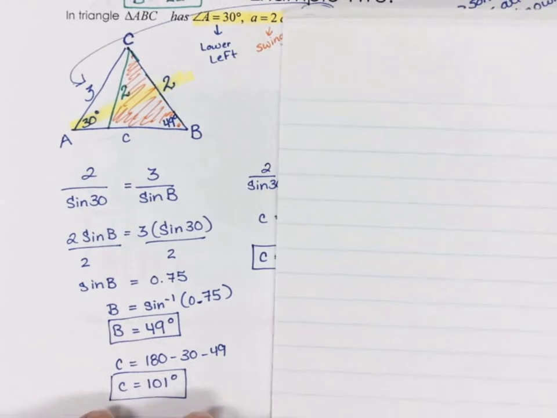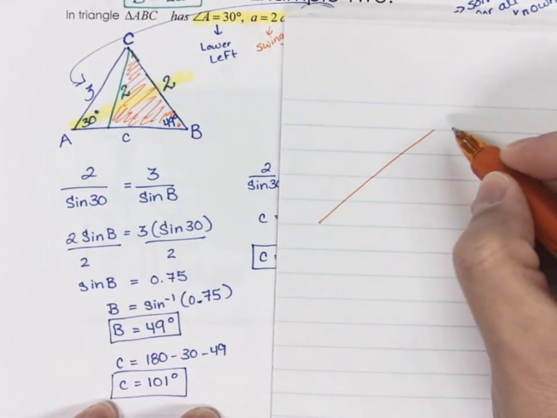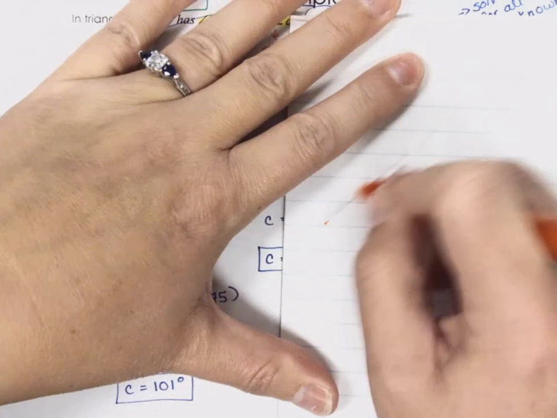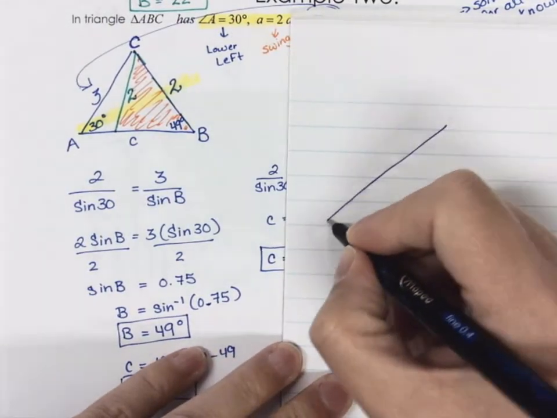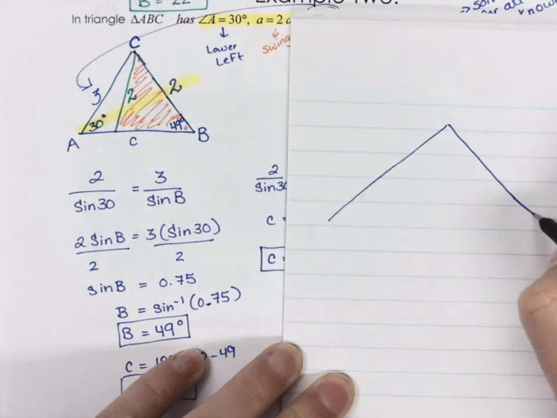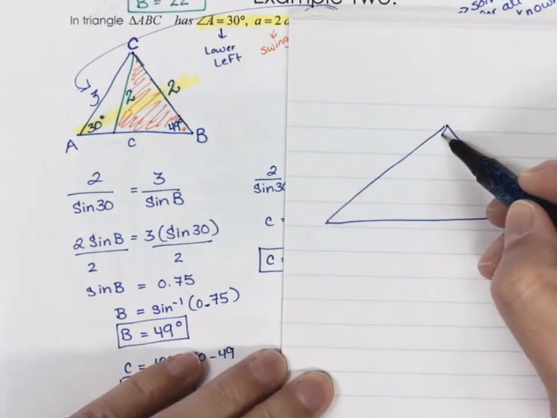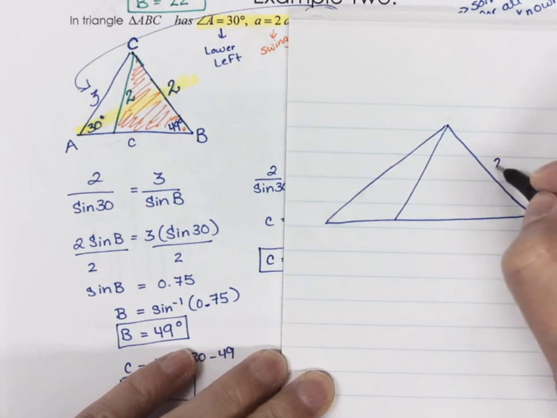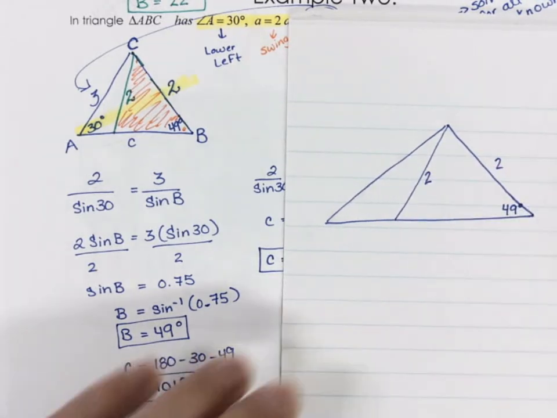And I'm just going to draw this a little bit better over here. I shouldn't use orange, although it is erasable, which is exciting. All right, so if I swing this arm in, this is 2, and that's 2, and that's 49.